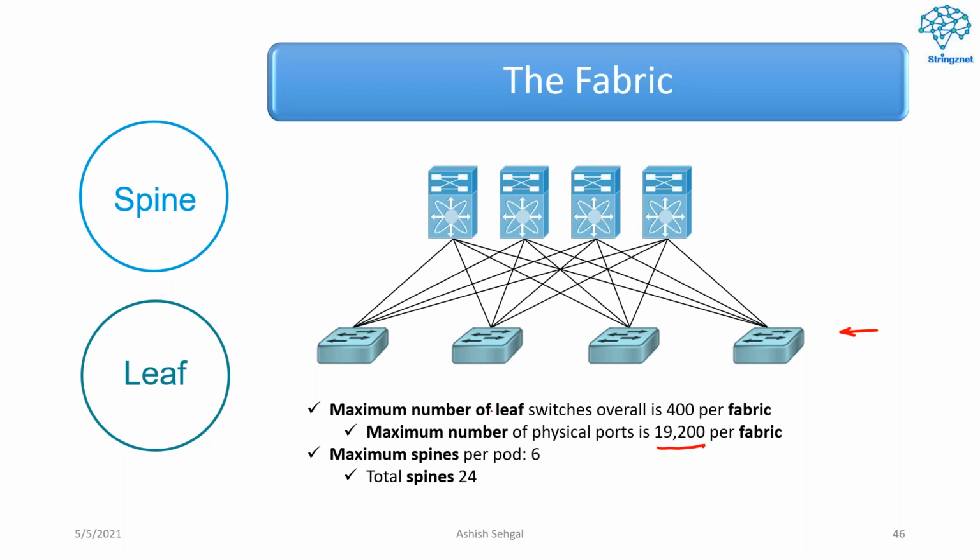So the total number of physical ports connected to the physical servers downstream below the leaf switches could be 19,200 ports. The maximum number of spine switches in one single pod could be 6 spine switches. Total spine switches in multiple pods could be 24 spine switches. Guys, we are probably talking about a multi-pod setup. So multi-pod will come later on.